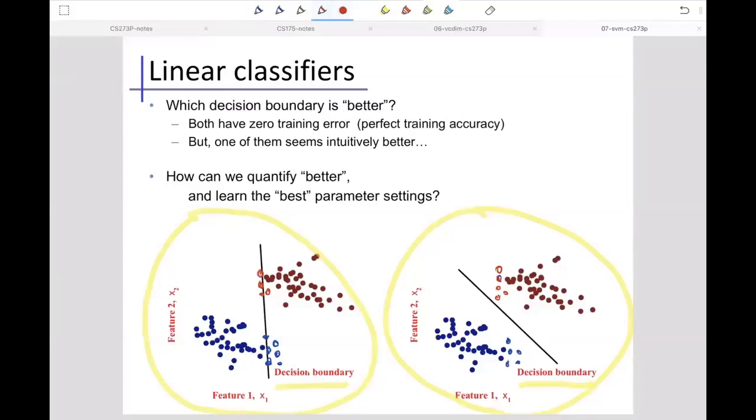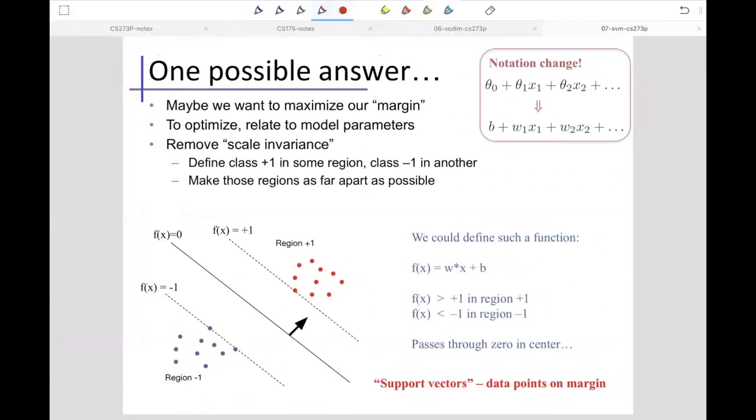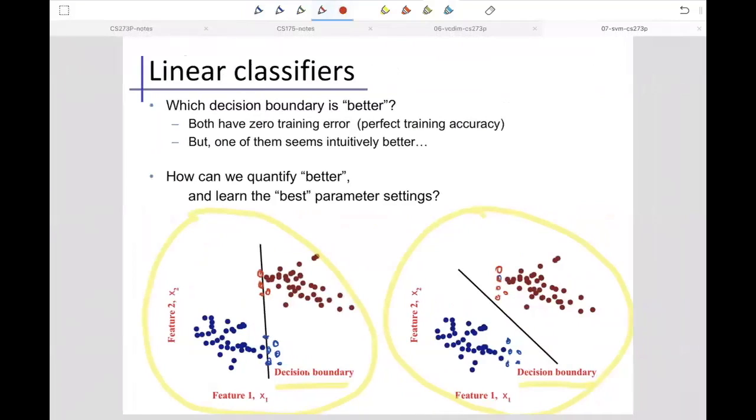So the question is, how do we do this? Previously, we said that we can formulate some loss functions such that we encourage this type of solution over that type of solution. The loss function we introduced for the binary classification problem was the cross entropy.